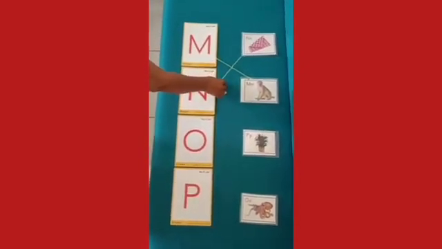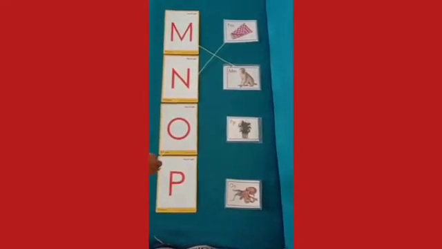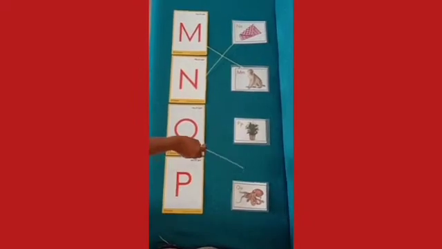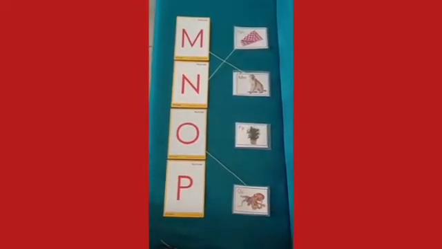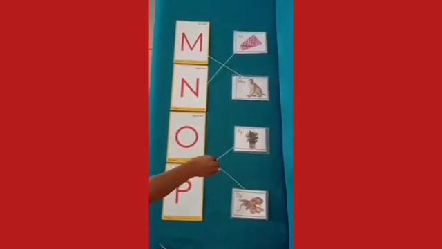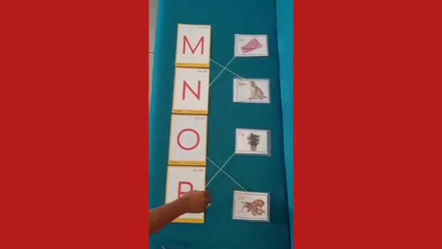So we will match it with napkin. Next alphabet is O. O for plant? No. O for octopus. So we will match it with octopus. Next alphabet is P. P for plant. So we will match it with plant.